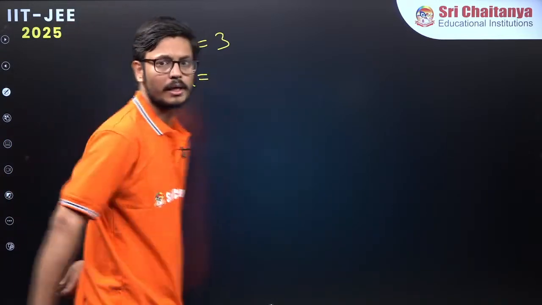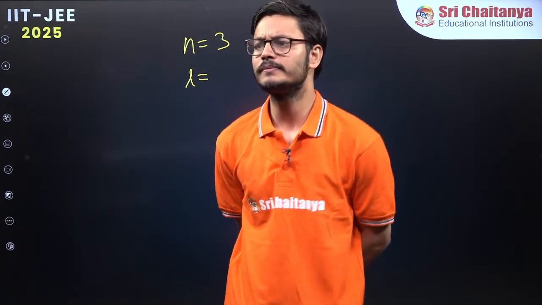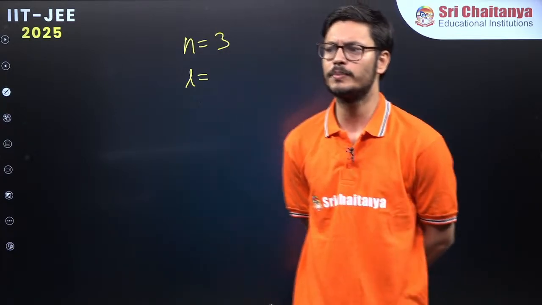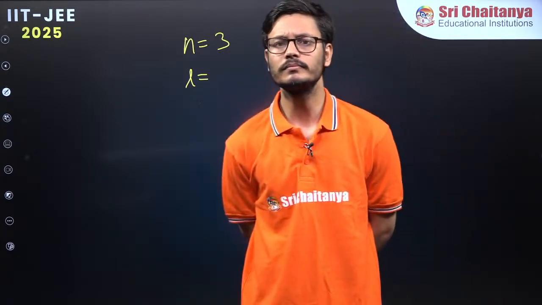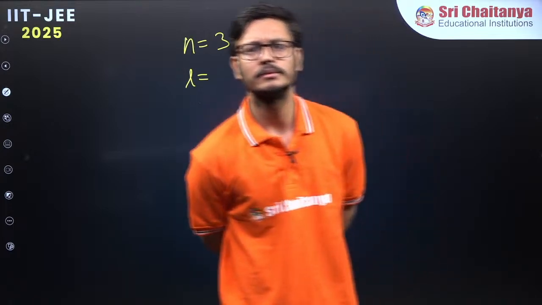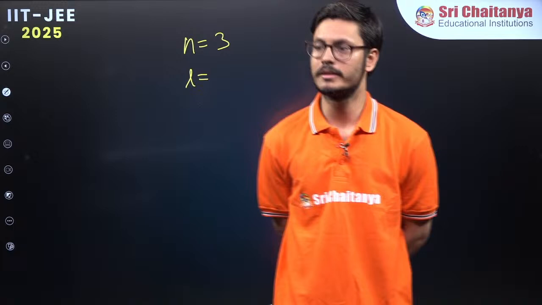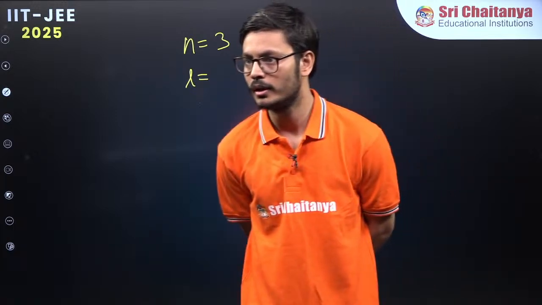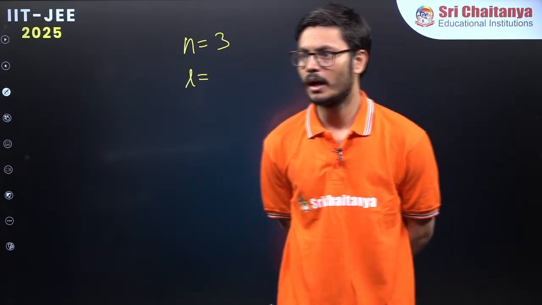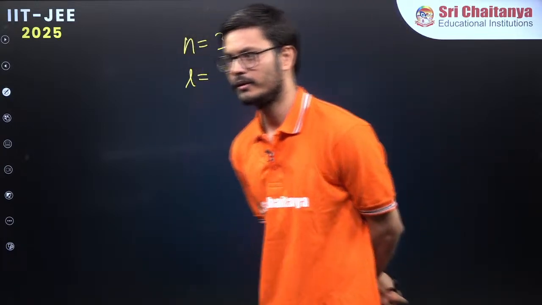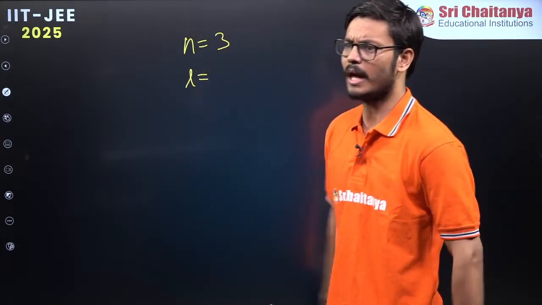What will be the possible L values? 0, 1, 2, very good. No, beta ji, minus 3 is the ML values.